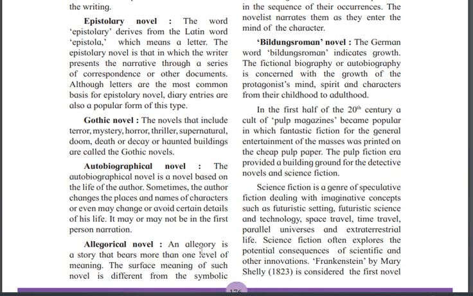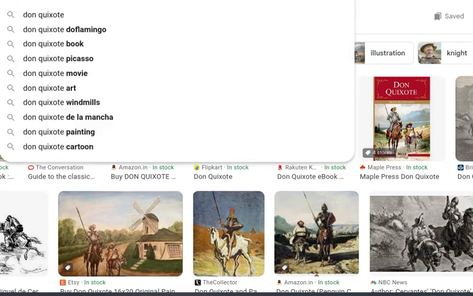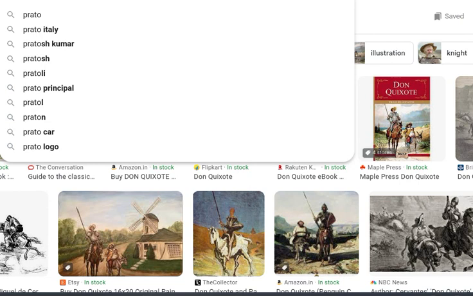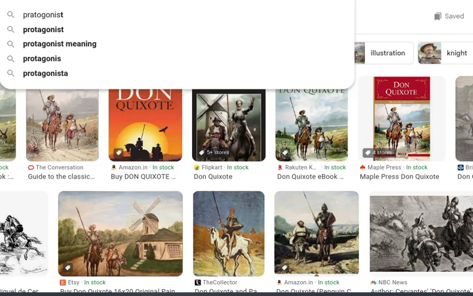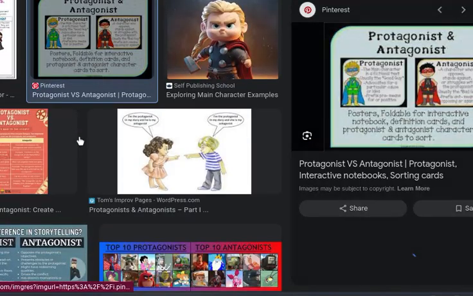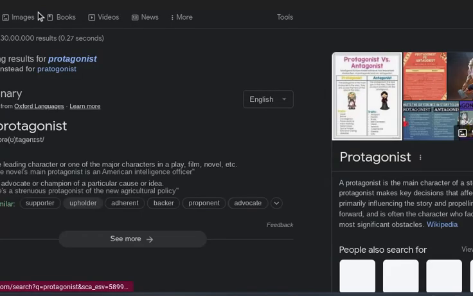First of all, we need to understand that the word protagonist keeps coming repeatedly. Exactly what is it? If you see a protagonist, it's that person, like Superman.